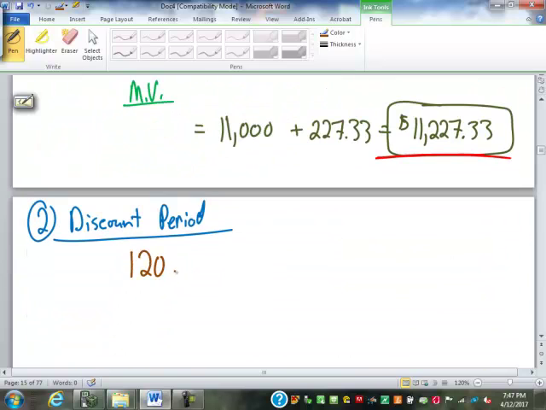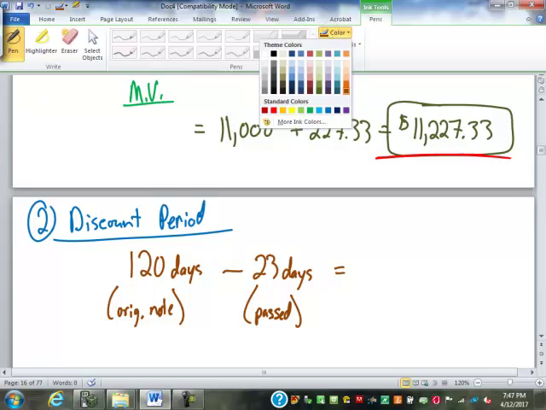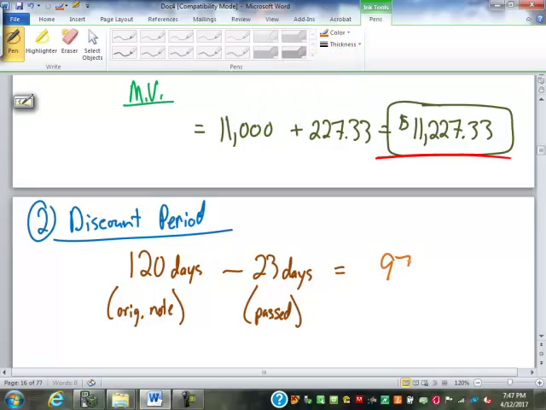Perfect. 120 days from the original note minus the 23 days that have passed equals 97 days remaining.